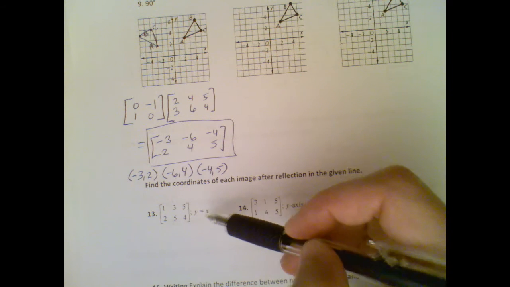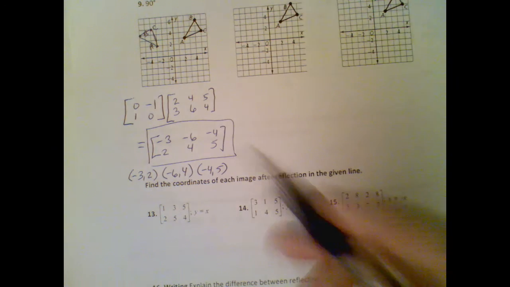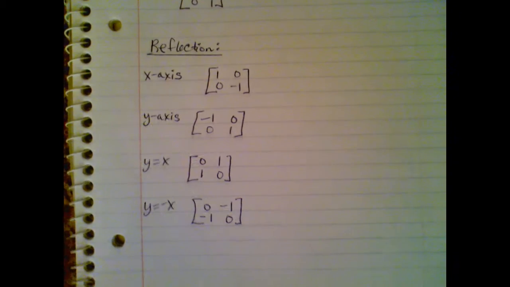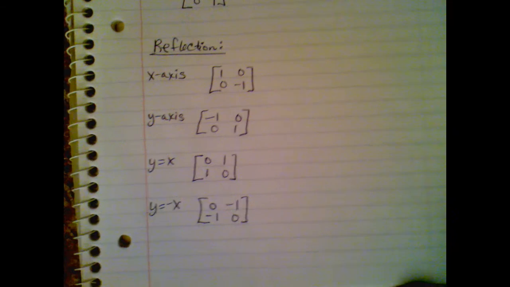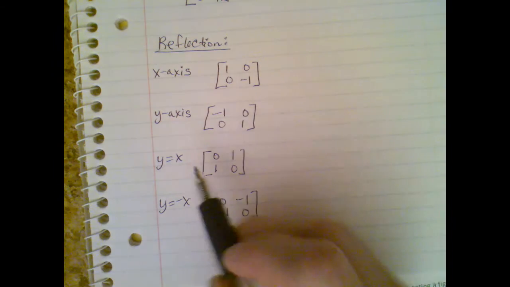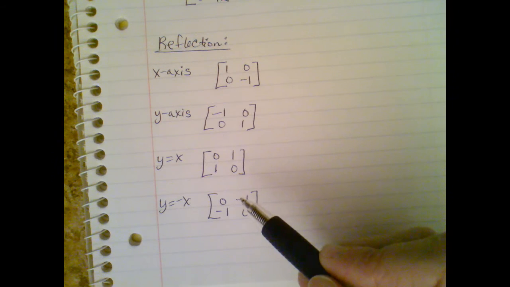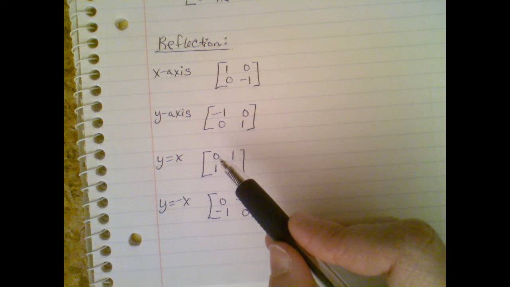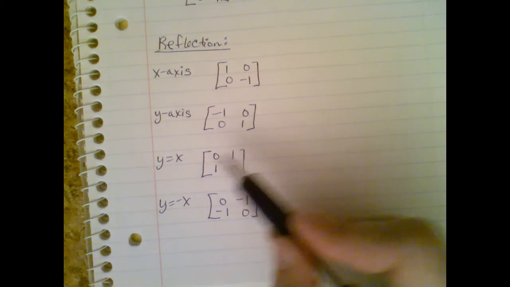We want to reflect them across the line y equals x. So if we go to our formula sheet, we're going to use the matrices for reflections. To reflect across the line y equals x, we're going to use this one right here.